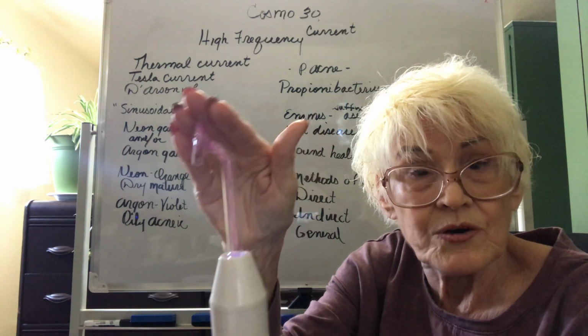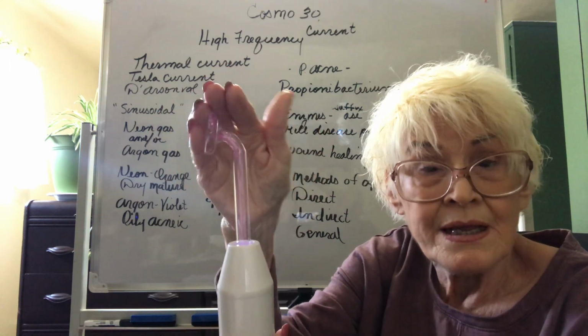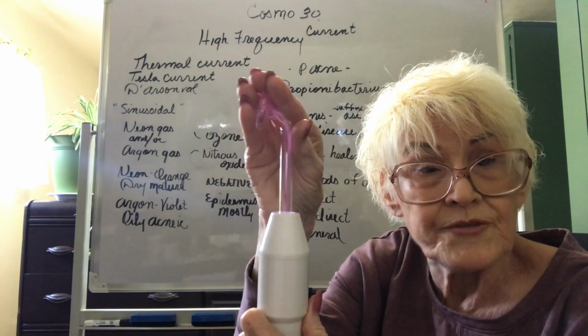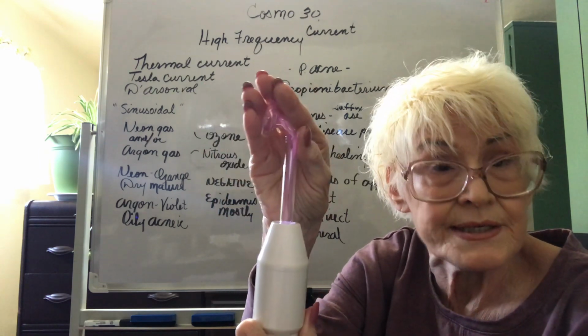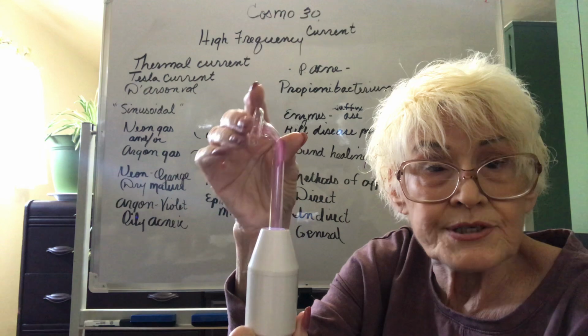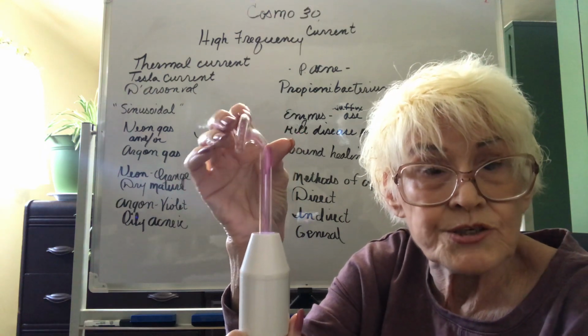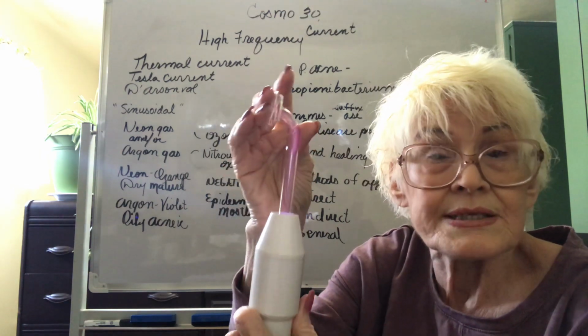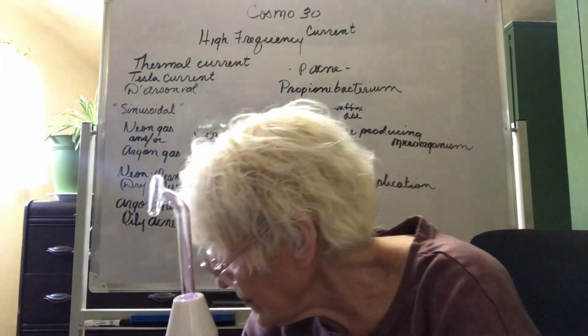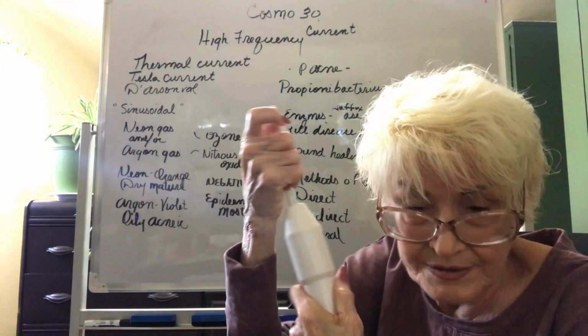This is the one that's for oily acneic skin. This one will calm the oil production from your oil glands that are in your skin, and the ozone and nitrous oxide destroy bacteria that's on the surface of the skin. Turn the machine off.